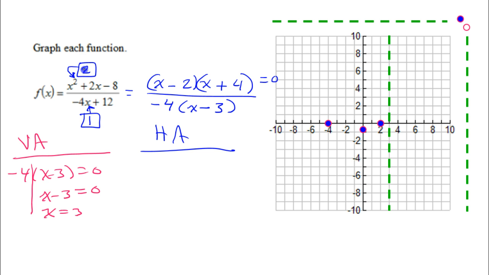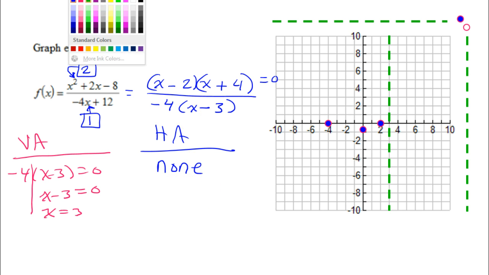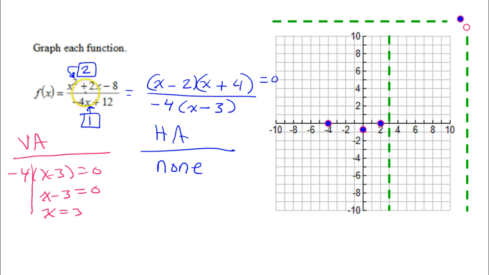So when the degree of the numerator is greater than the denominator, that's when there is no horizontal asymptote. On the other hand, if the degree is 1 more than the denominator, then there will be a slant asymptote.